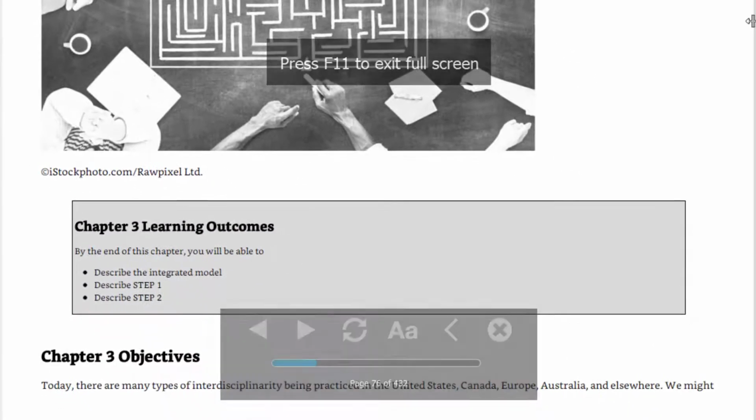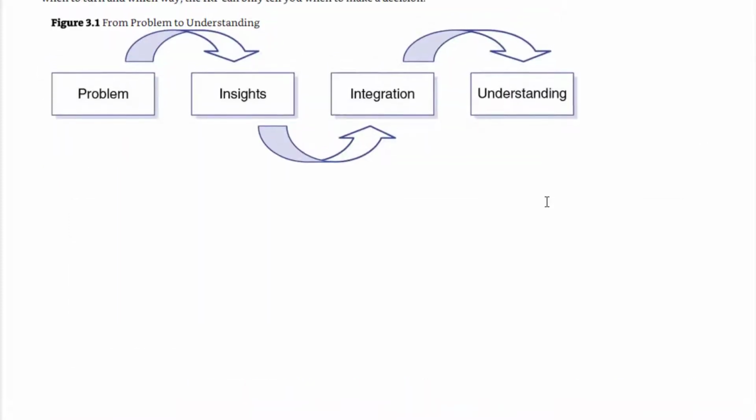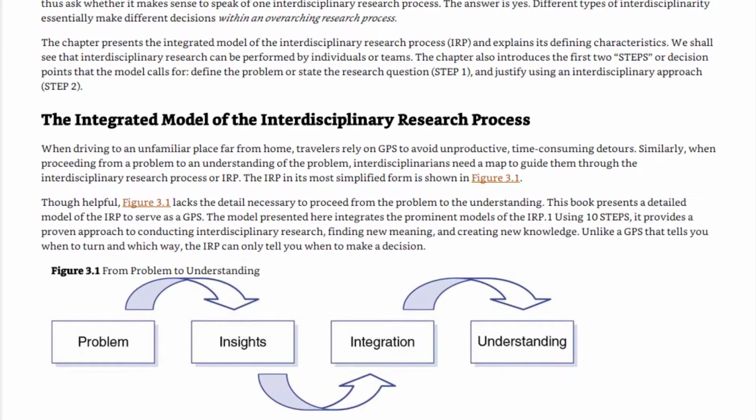Okay, here we go, back to the book. Now, the only 3 things that it says are learning objectives here is to be able to describe the integrated model and to describe steps 1 and 2. So the integrated model, which is what they call their steps, I actually like to view as a framework. And this may be because I have a background in project management, and so I use a lot of the terminology that is used in that industry, a lot of the PMP, project management professional terminology.